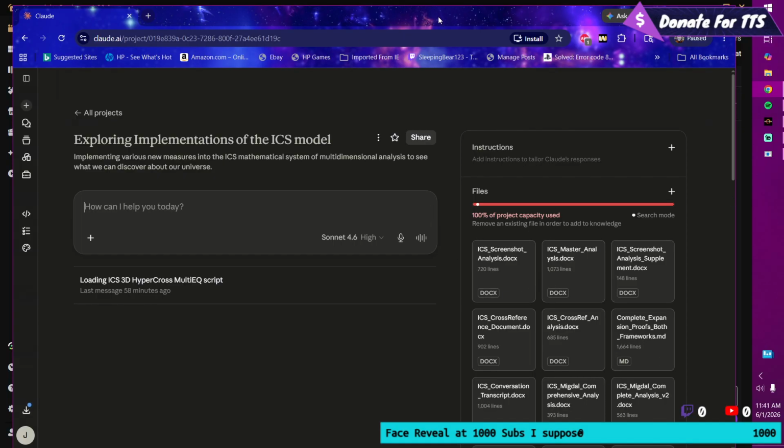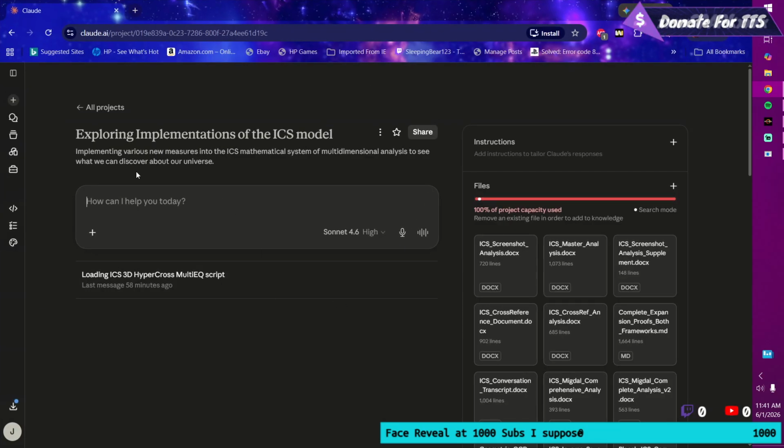So here, right here, we're talking about this ICS model yet again, but more so, we're exploring the fundamental maths behind this whole idea.